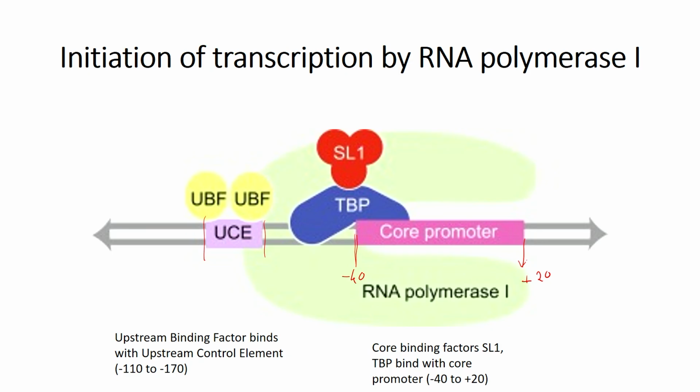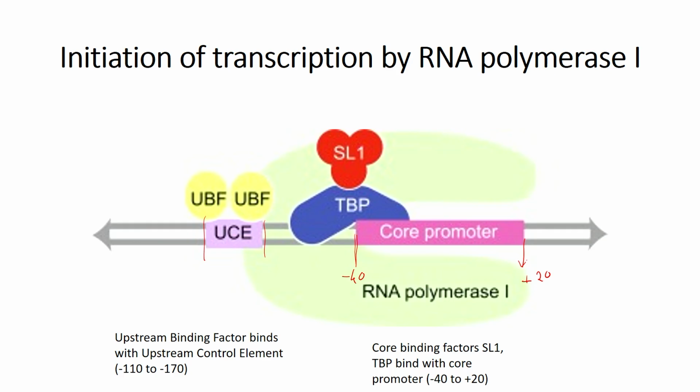This is to bring more and more RNA polymerase. With the upstream control element, the upstream binding factor binds, and there is protein-protein interaction between the upstream binding factor and the RNA polymerase. Thus, a large number of RNA polymerases come to this region.